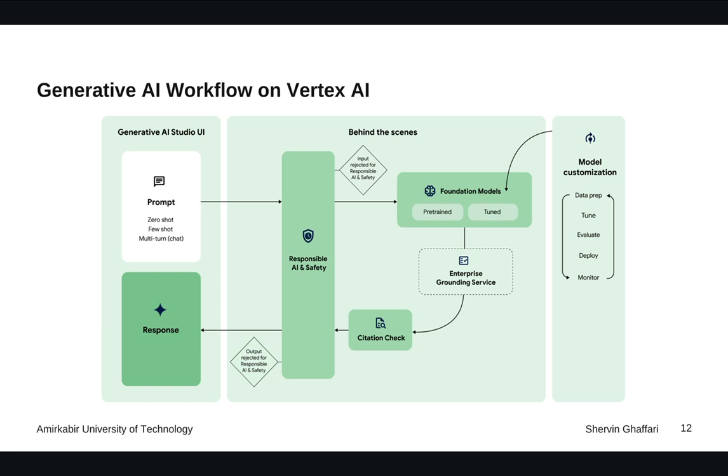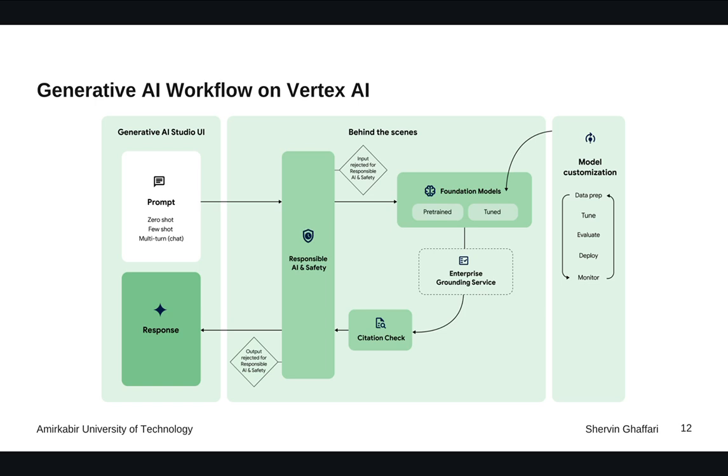In this slide, I have brought an example of generative AI on Vertex AI. It's telling us how Google or other giant companies control the model responses, the input and output.